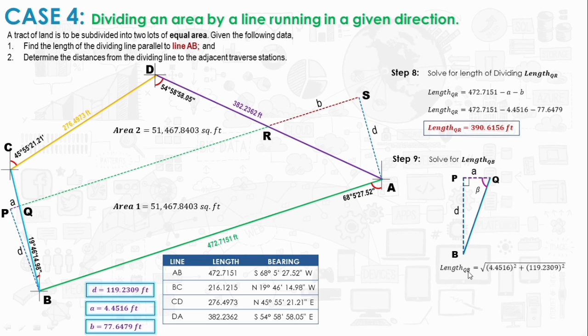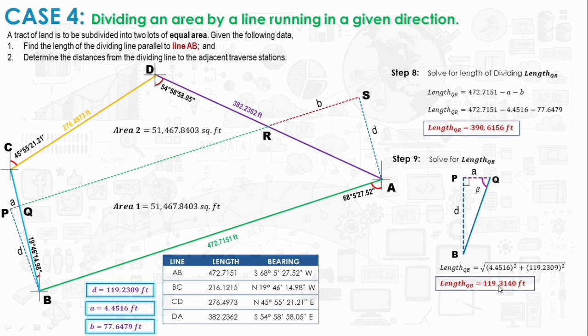Or simply, yung length ni QB is equal to the square root of the base squared plus the height squared, ni D. So, square root of 4.4516 squared plus 119.2309 squared. So, therefore, length of QB is equal to 119.3140 feet. Itong length from Q to B.